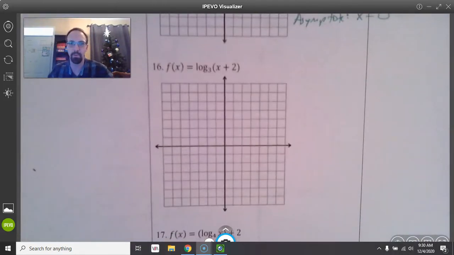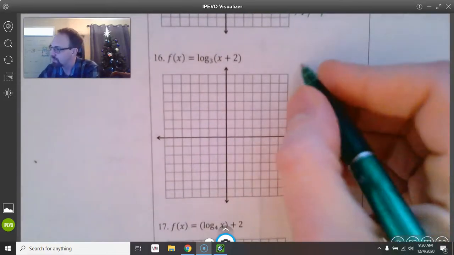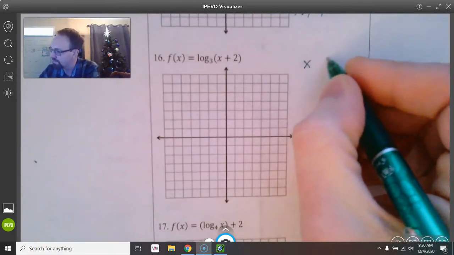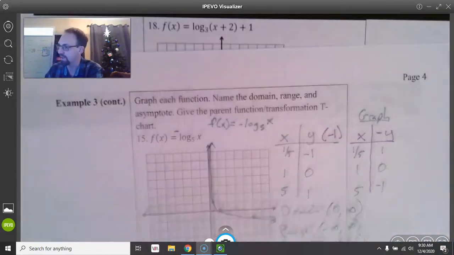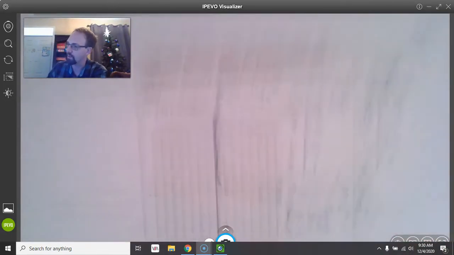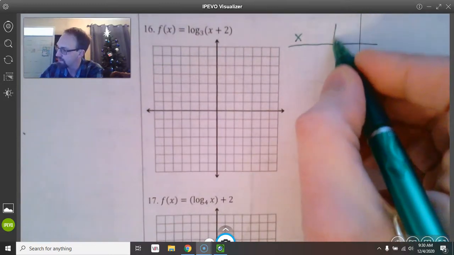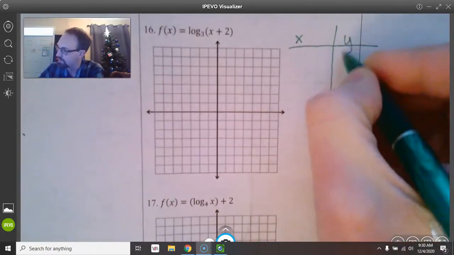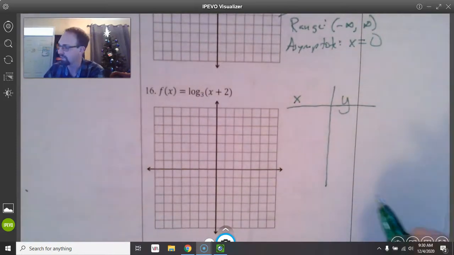On 16, here's one where we actually are getting a transformation left and right. So here we have our original. Instead of dividing it into 2 t-charts, we're just going to make 1 t-chart, but I'm going to leave some space here, and use 2 different colored pens to showcase this.